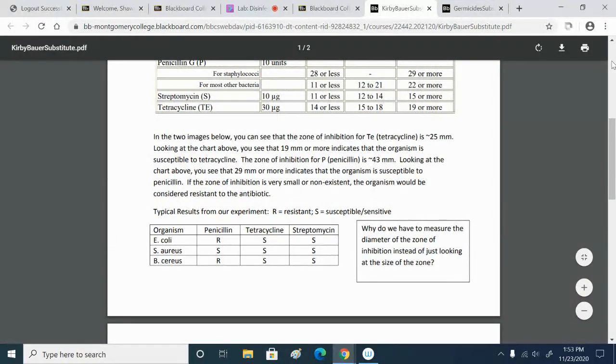What's the bacterial target for tetracycline and streptomycin? What do those antibiotics attack inside the cell? What's the target for streptomycin and tetracycline?